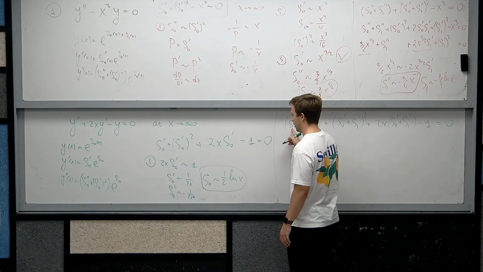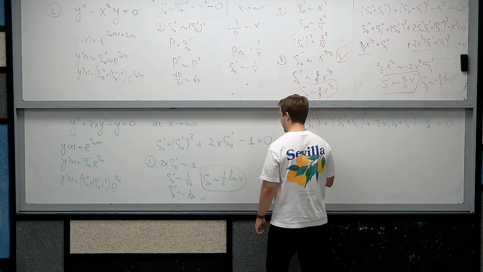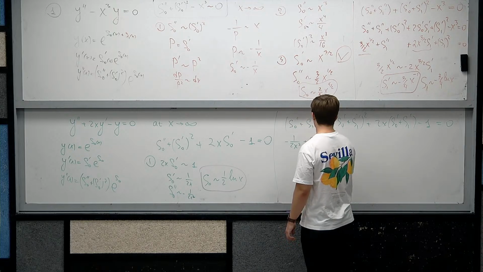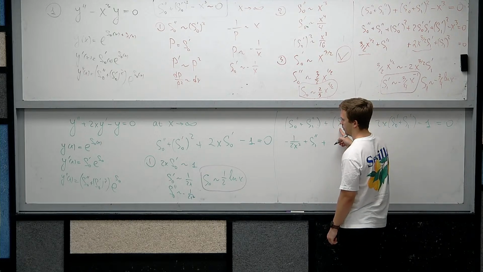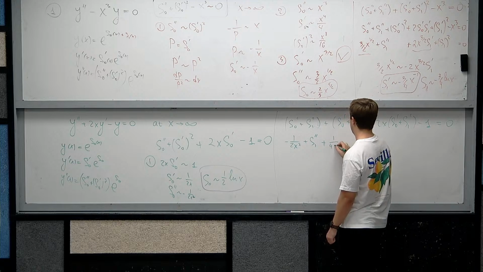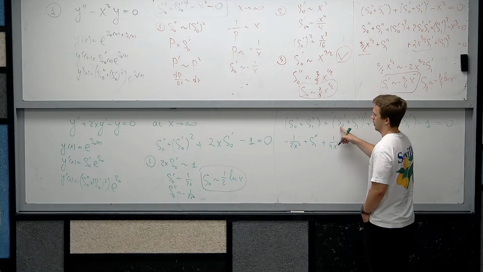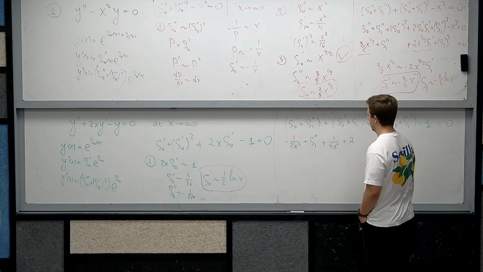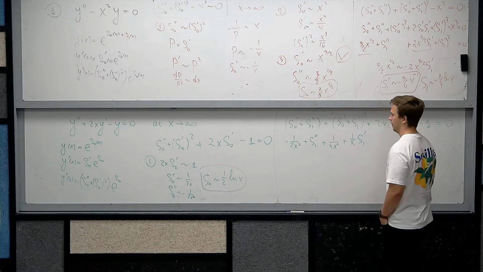So S0 double prime, we calculate it. And this S0 prime squared is 1 over 4x to the fourth, plus 2 S0 prime is 1 over 2x, so just 1 over x multiplied by S1 prime.